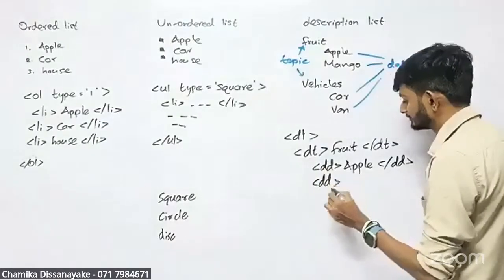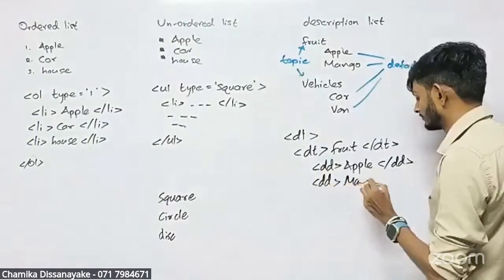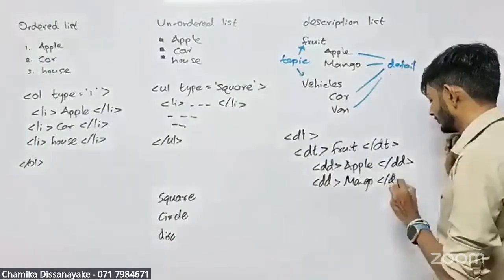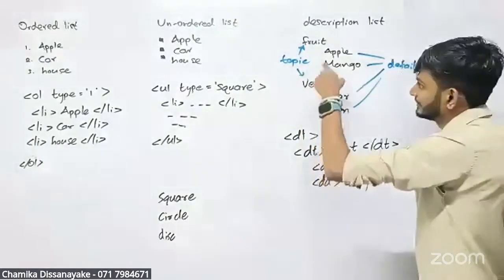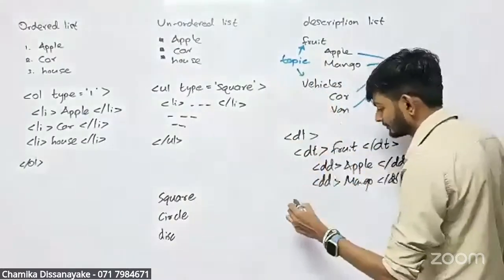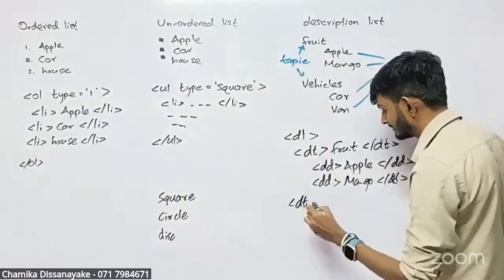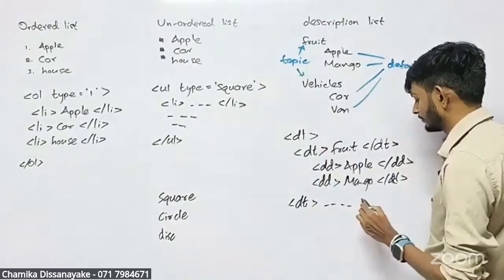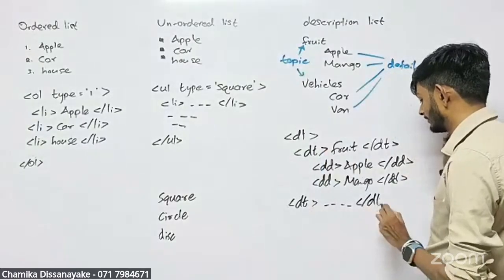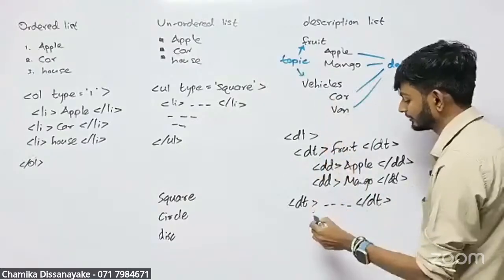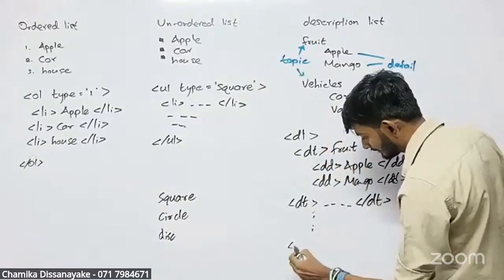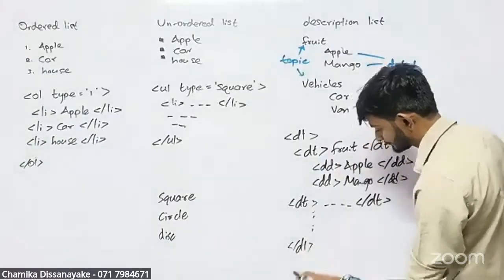Another detail, mango, again closed, DD. Then we have another topic, DT, which will also be closed. Then we have the two details, and then the description list will be closed.